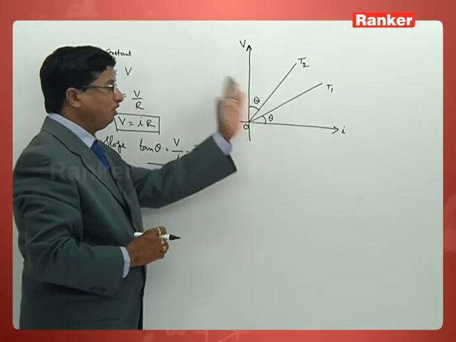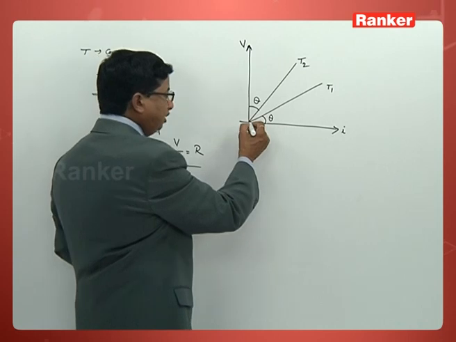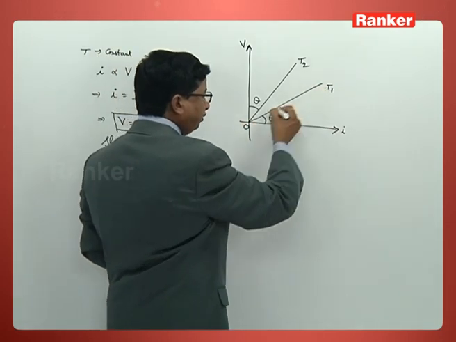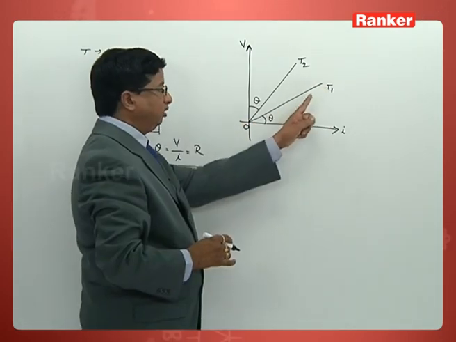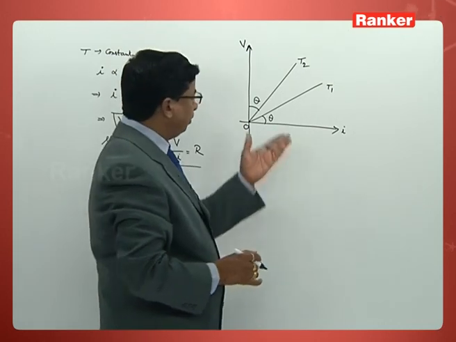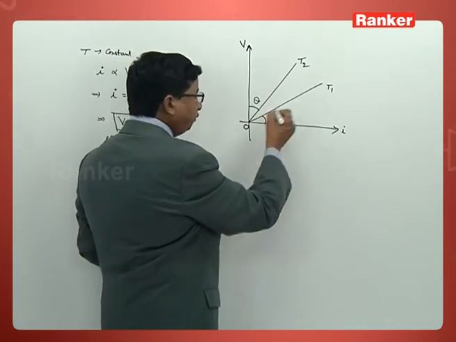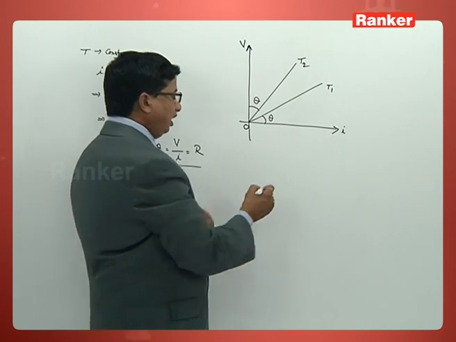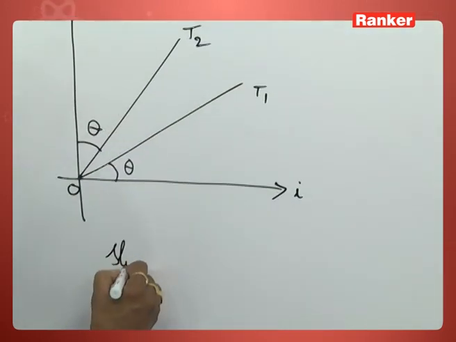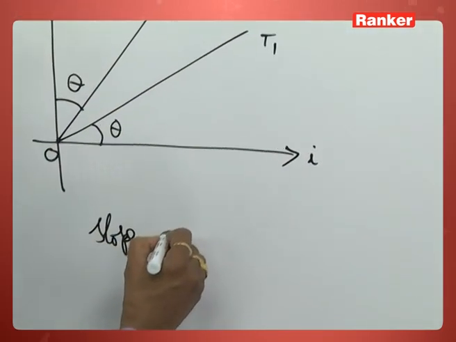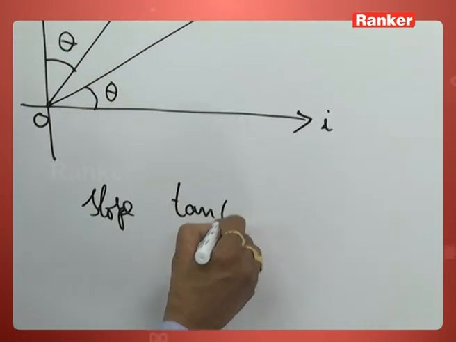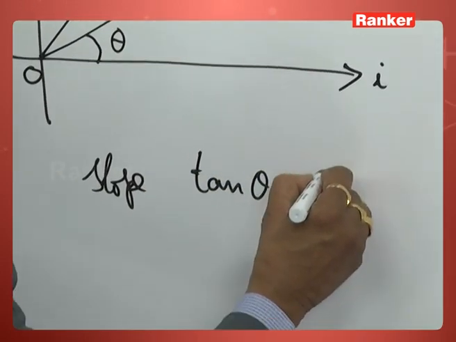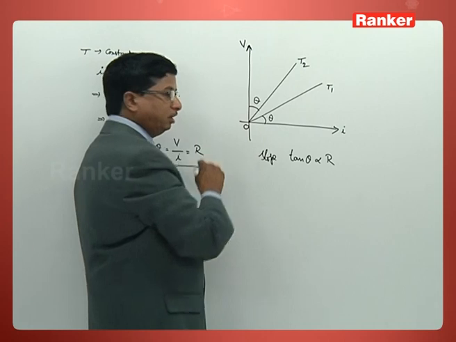So what you should understand from here: look at the first straight line at the temperature T1. The slope, which is taken as tan theta, is nothing other than the resistance of this conductor.